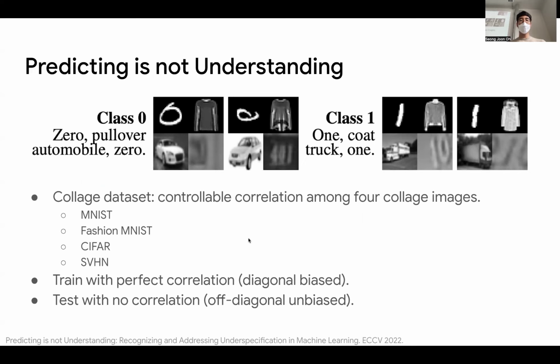And they build this kind of funny data set where you are actually collaging different data sets. So MNIST, Fashion MNIST, CIFAR, SVHN, they all have 10 classes. And then they put samples from each data set in this kind of window fashion.